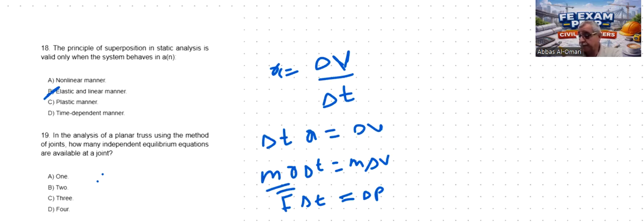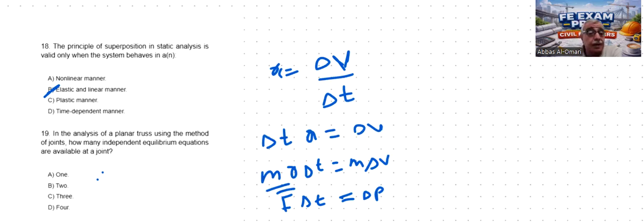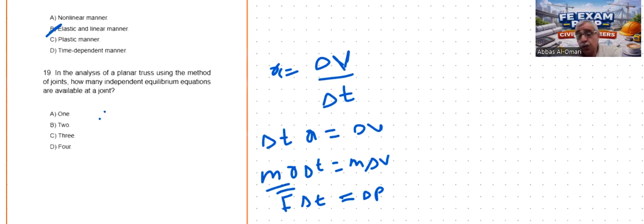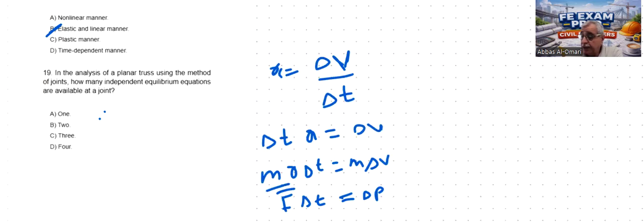In the analysis of a planar truss using the method of joints, how many independent equilibrium equations are available at the joint? Now, joints can carry only axial forces, tension or compression.